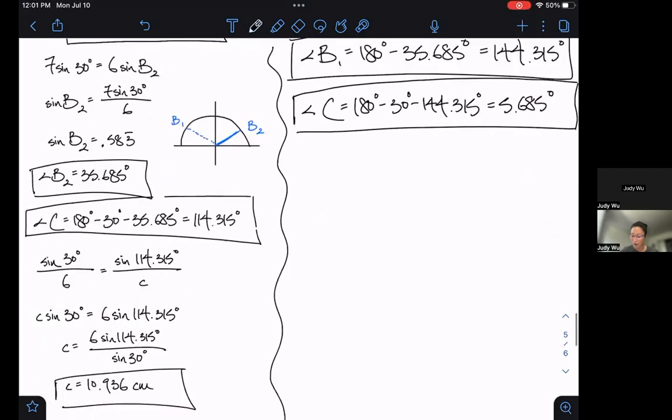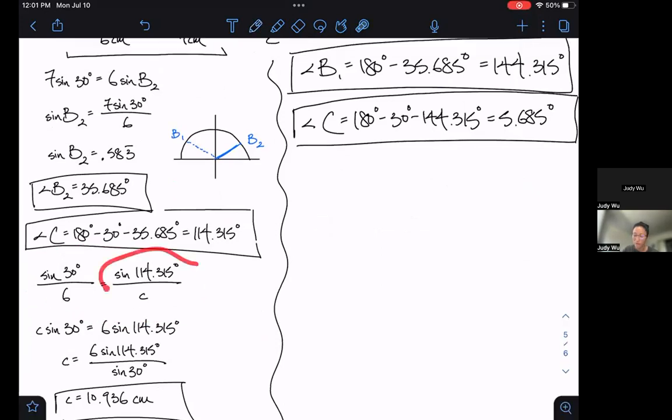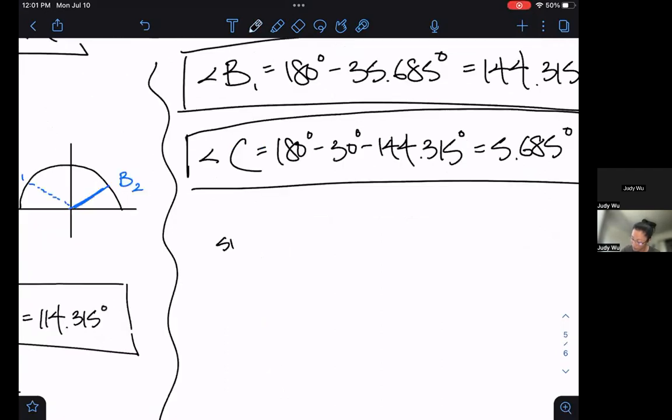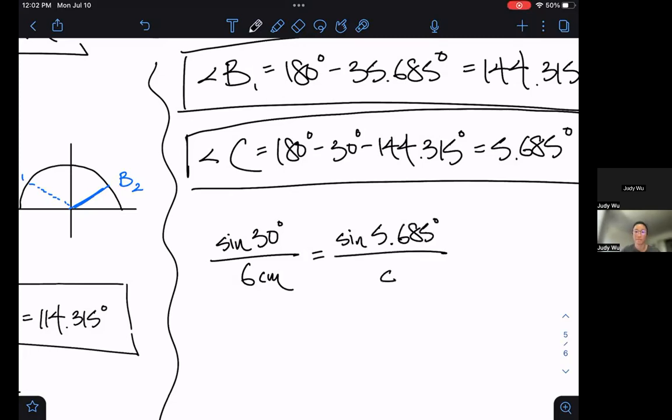All right, now we're going to set up our law of sines to find little c, but instead of putting in sine of 144.315, we're going to put sine of 5.685. So sine 30 degrees over 6 centimeters equals sine 5.685 degrees over little c.